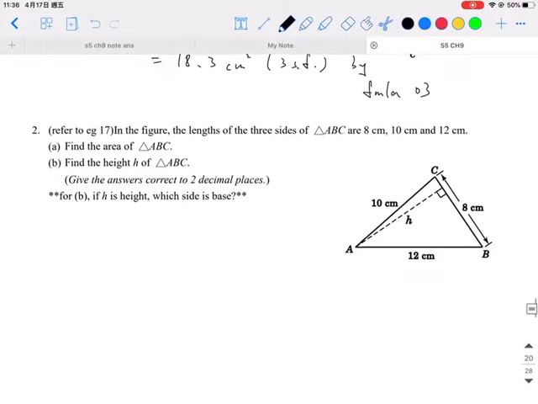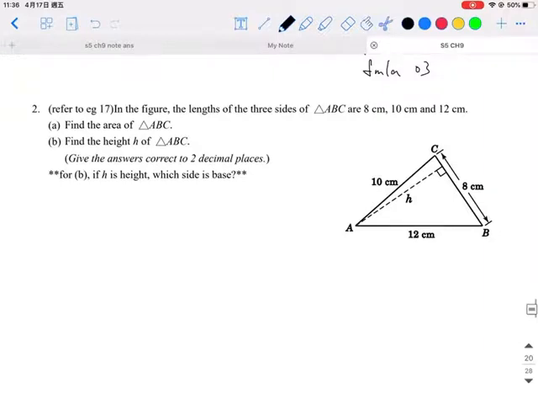Okay, so for part 2, question number 2. In this figure, we already know the three sides of the triangle, so finding the area is not difficult. S is equal to the perimeter over 2, which is equal to 15.